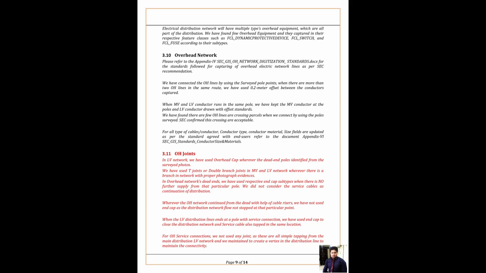We have used T-joints or double branch joints in the MV and LV network wherever there is a branch in the network with proper photograph evidence. In overhead network dead ends, we have used the respective end cap subtypes when there is no further supply from that particular pole.